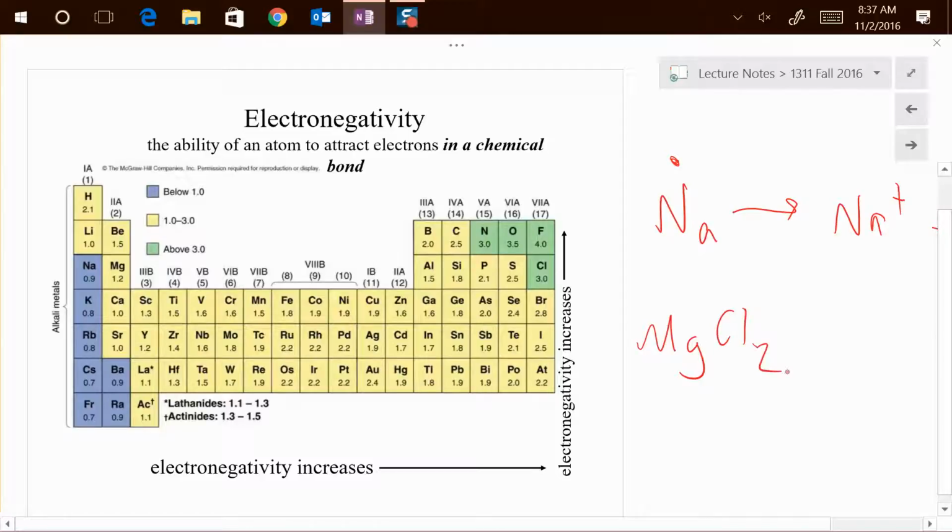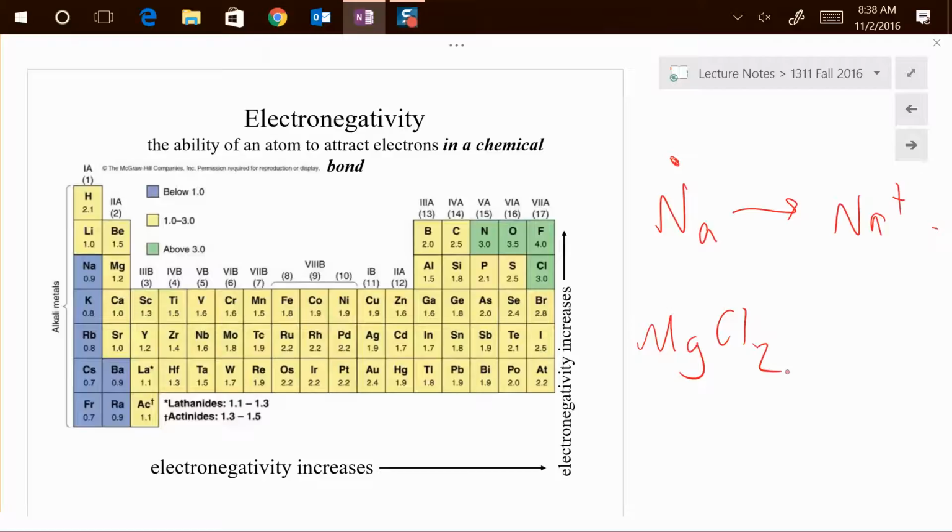They're just sticking to each other, like magnets, because they have opposite charges. I have 2 positive charges on a magnesium, and each chlorine has a single negative charge. So I have to have 2 of those chlorines to balance out the positive charges on the magnesium. So we get MgCl2. They have to be in the correct ratios based on their charges.